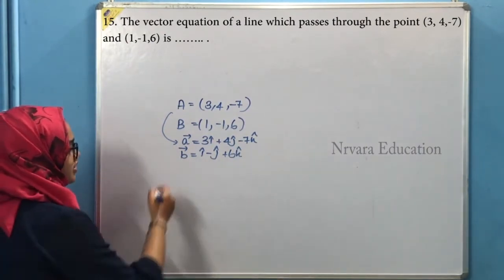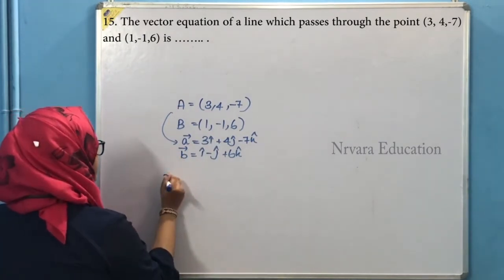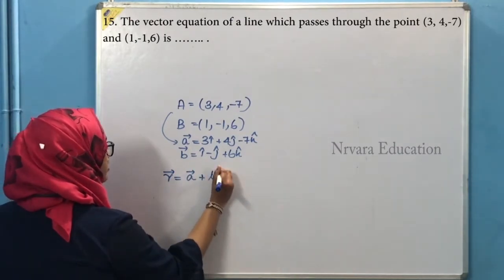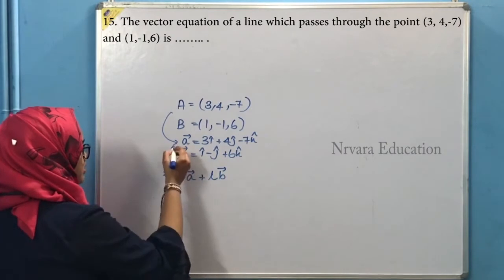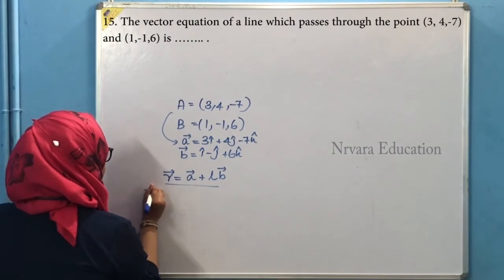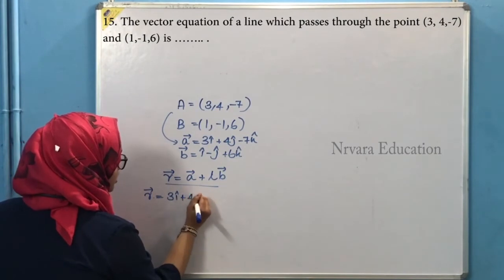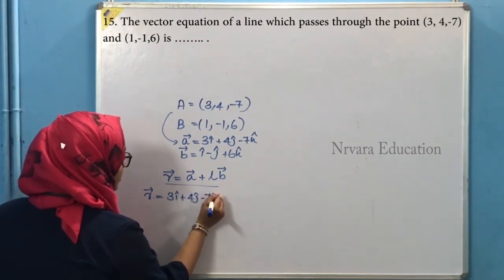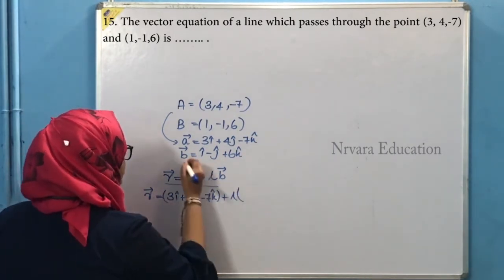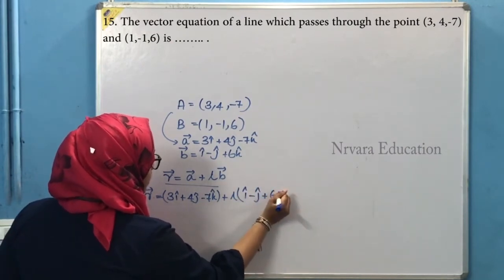Now we do know that the vector equation for a line passing through two given points is vector R equals vector A plus lambda vector B. Now substituting these values into this format, we get vector R equals vector A, which is 3i cap plus 4j cap minus 7k cap, plus lambda into vector B, which is i cap minus j cap plus 6k cap.